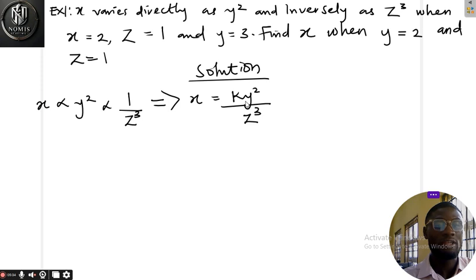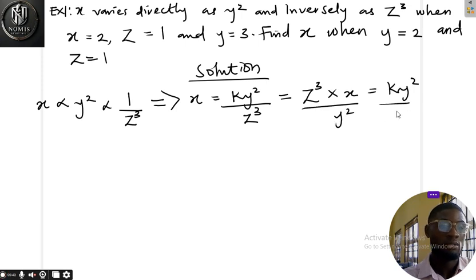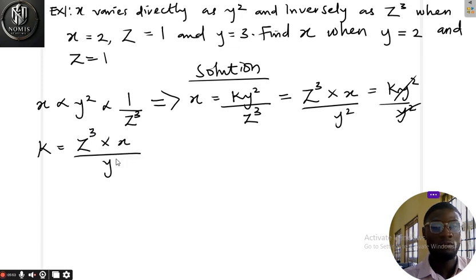So we need to find the constant. How do we find the constant now? So this becomes z raised to the power of 3 multiplied by x equals ky squared. So divide both sides by y squared. This cancels this, so our constant k is equal to z raised to the power of 3 multiplied by x all over y squared.